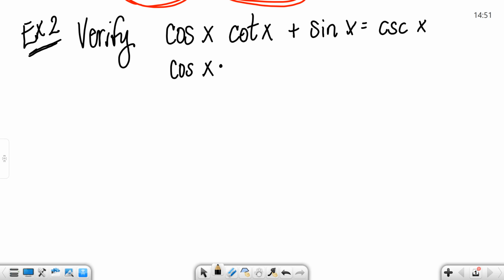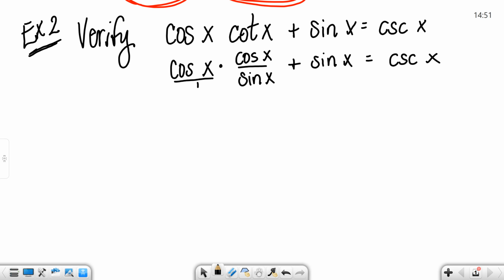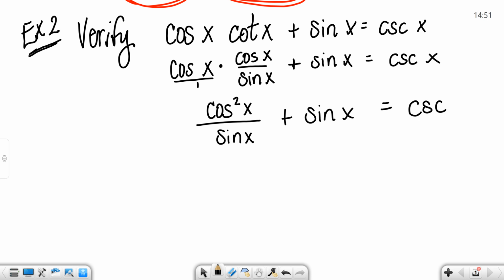But I know that cotangent is the cosine over the sine. That's the only one I'm doing anything with right now, because now everything on the left says sine and cosine. This right-hand side, I just bring it down. Now I'm going to put a 1 under that and multiply. I get cosine squared x over sine x plus sine x. Just bring down my cosecant.